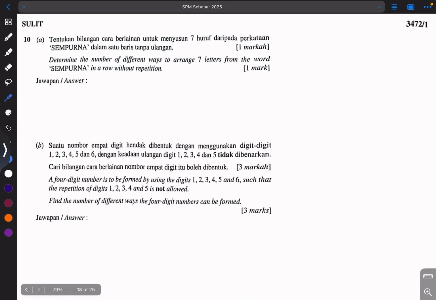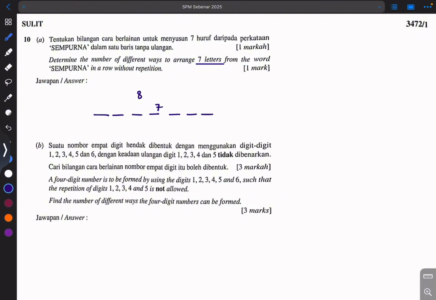Question 10a. Determine the number of different ways to arrange 7 letters from the word Sampurna. Okay, so Sampurna has 1, 2, 3, 4, 5, 6, 7, 8. We have 8 alphabets, but we need to make a 7-letter word. So out of 8 alphabets, we need to make 7.